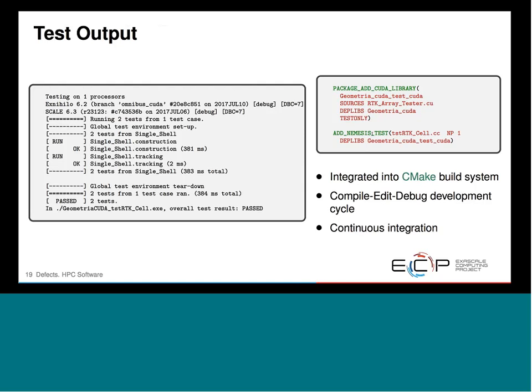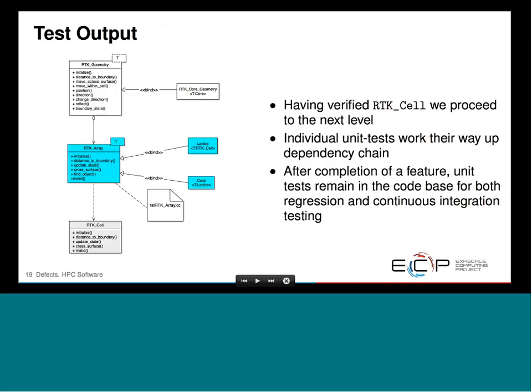The nice thing about this is that these tests become a permanent part of your repository that you can use to enable continuous integration. I'll talk a little bit more about that in just a second. All right, so going on, if I were developing this class, I've now tested this lower level component. Now when I move up to develop my array, which contains a bunch of these cells, I can basically use that cell as if it's correct, all right?